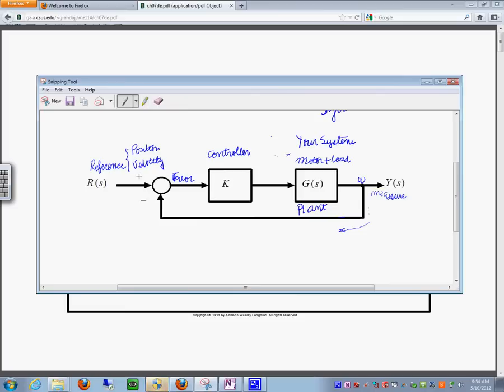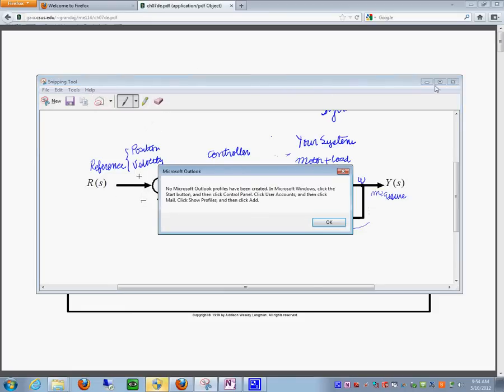That's the concept of the root locus. So let me show you some of the pictures in here that indicate how we can look at this.